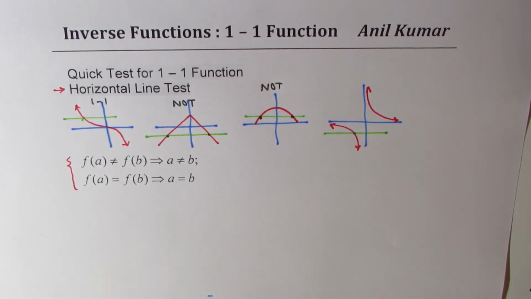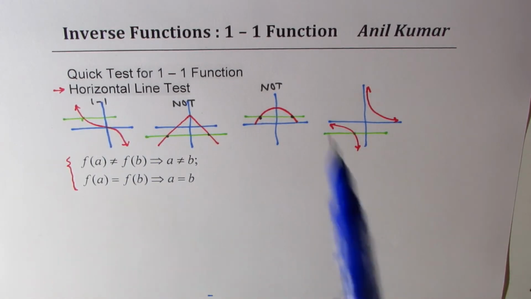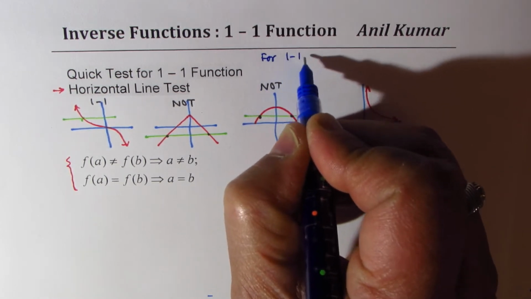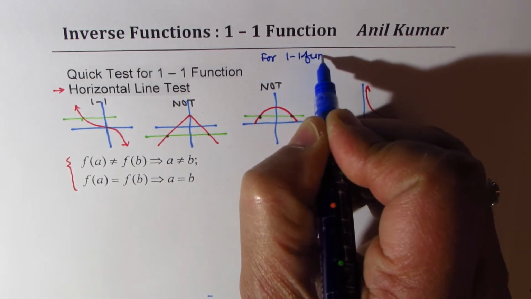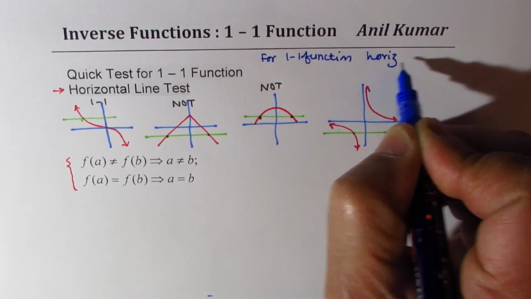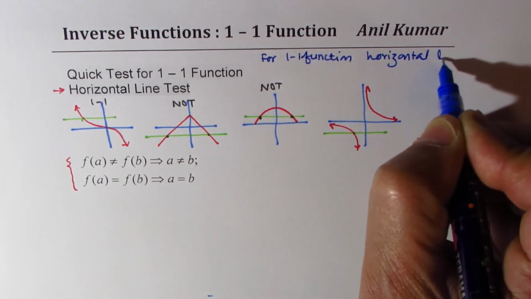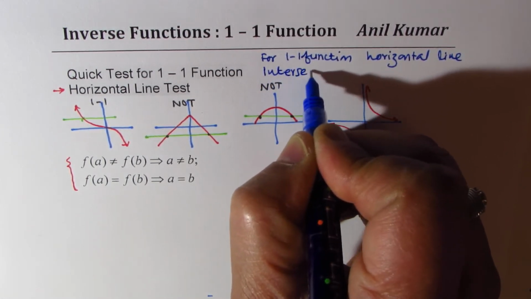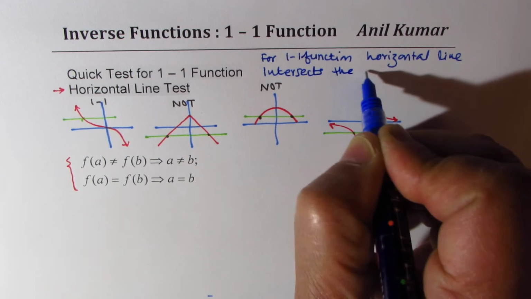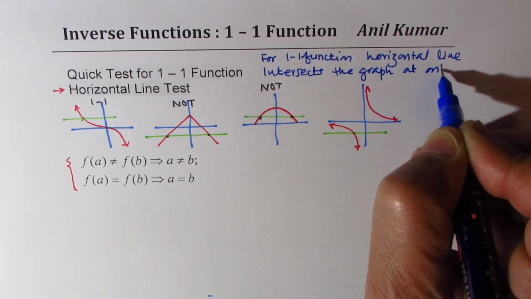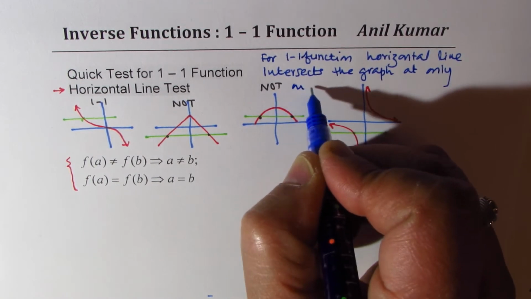So basically, the horizontal line test is that for a one-to-one function, a horizontal line intersects the graph at only one point.